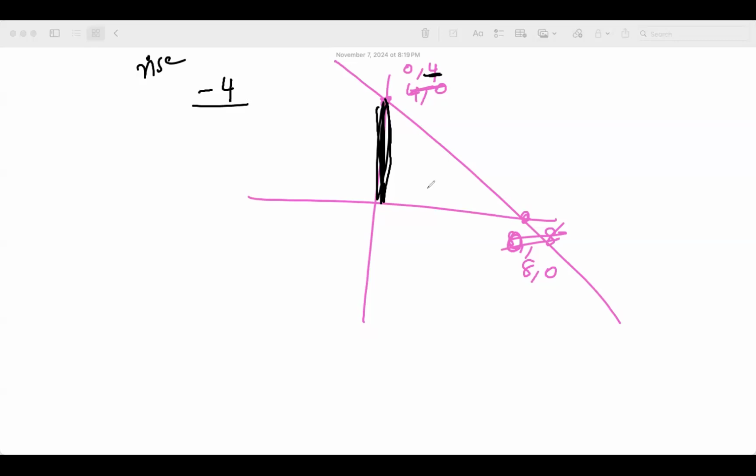Minus 4 divided by the change in the x value. How did the x value change? From 0 it came to an 8, so you're going to the right, so it's a positive value. So the answer is minus 1 by 2, the slope.